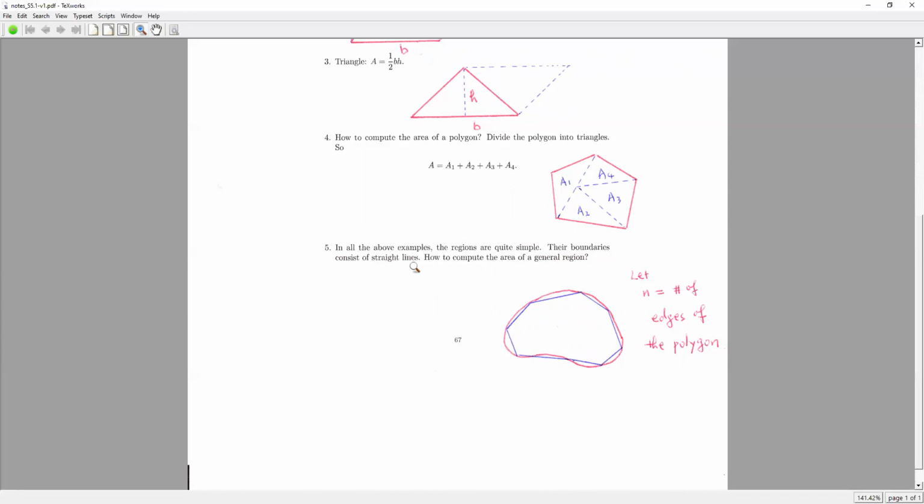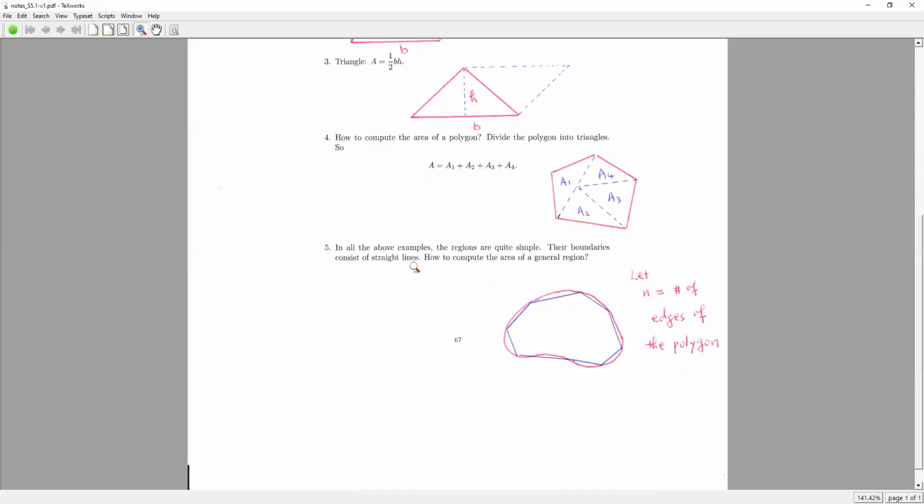So the area of a simple region is easy to compute. Just cut the simple region into triangles. Then we can get the area of that simple region.